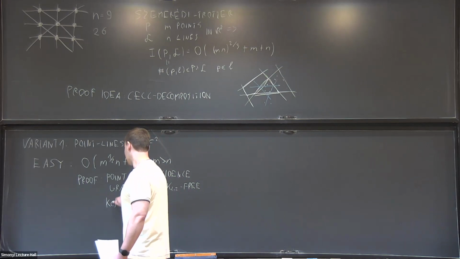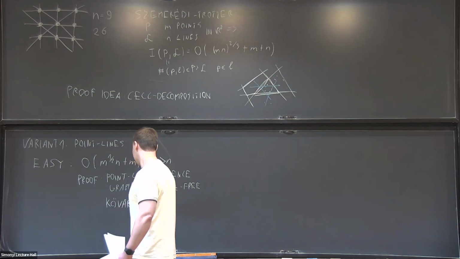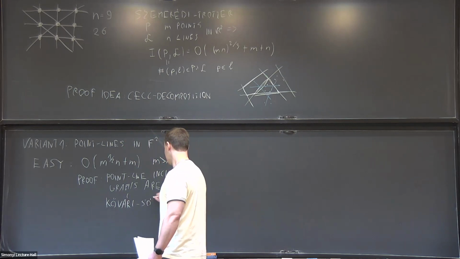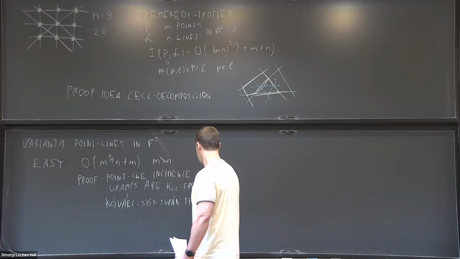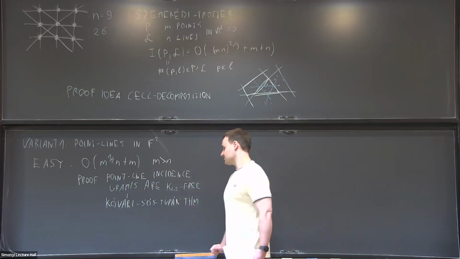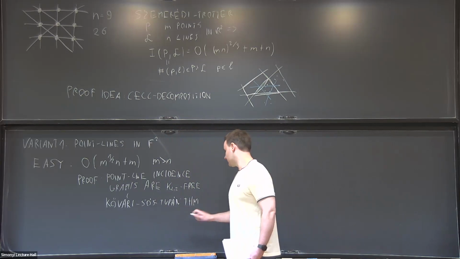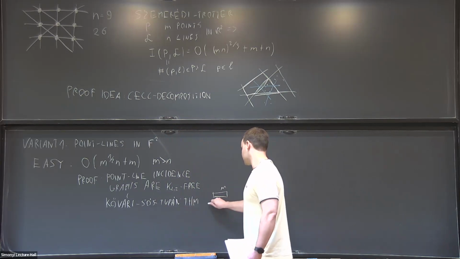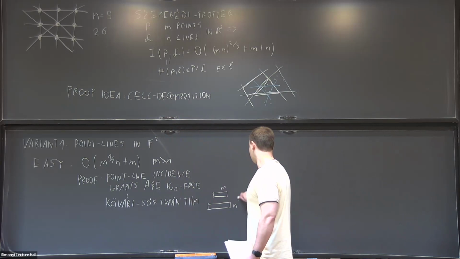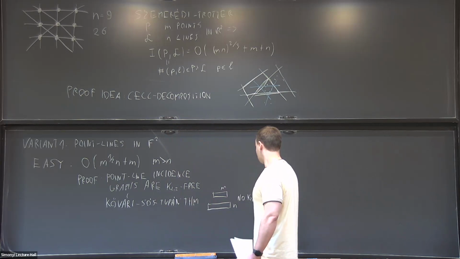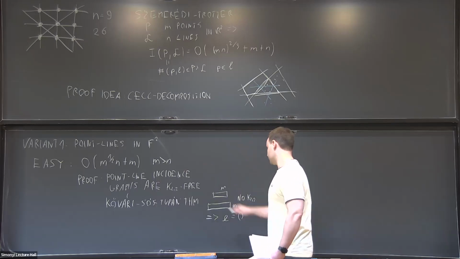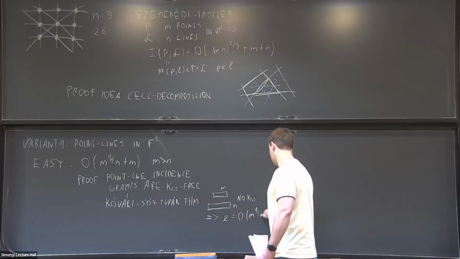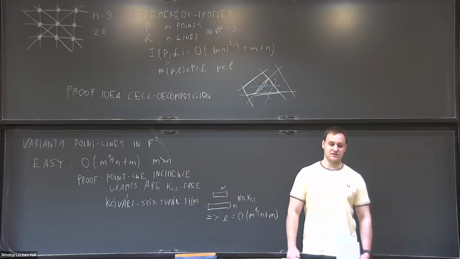Then we can just invoke the famous Kővári–Sós–Turán theorem, which tells us that indeed if we have a bipartite graph with classes of size M and N, and no K_{2,2}, then the number of edges is bounded by this bound. So this was very easy.